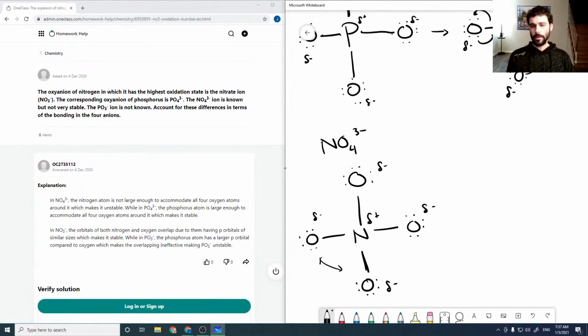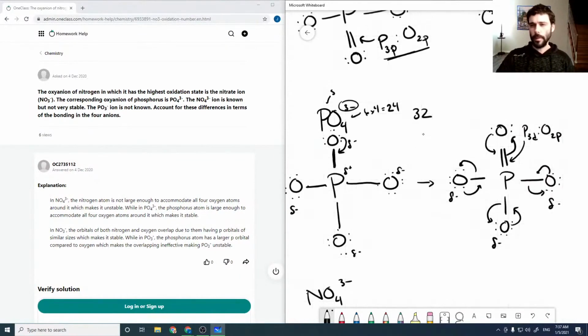So all these oxygens are going to want to split, and we can't do this trick where we force nitrogen to become hypervalent, as we don't have access to those d orbitals, and so we won't have this charge delocalization, which you would see for PO4 3-.